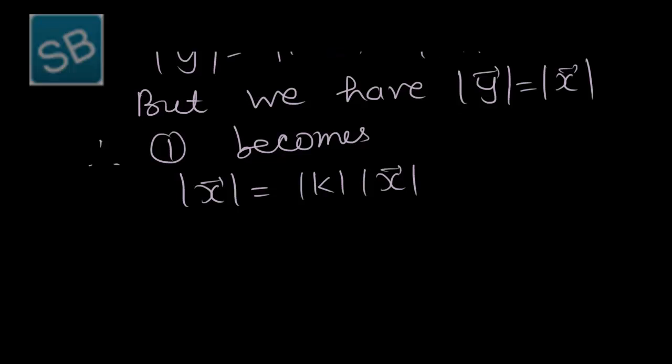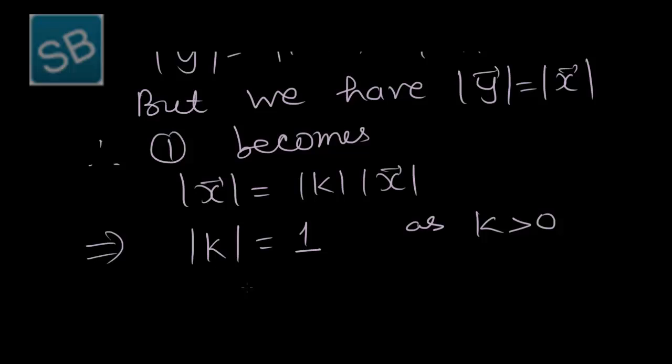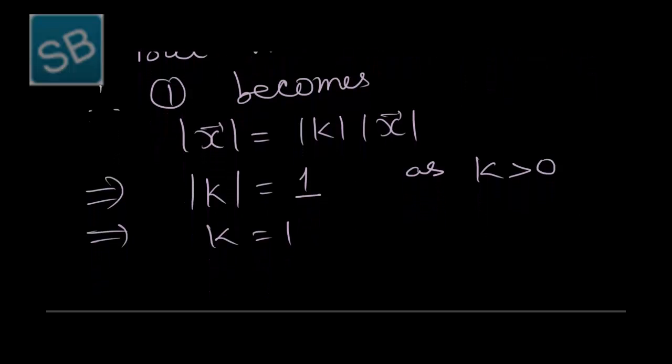On cancellation of magnitude x, as it is a positive quantity, we get modulus of k is 1. As k is greater than 0, we'll take only the positive value of k. The negative value is rejected.